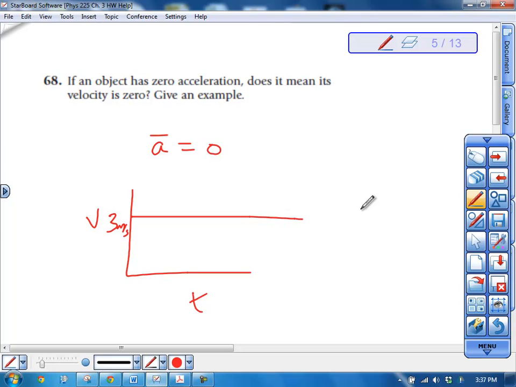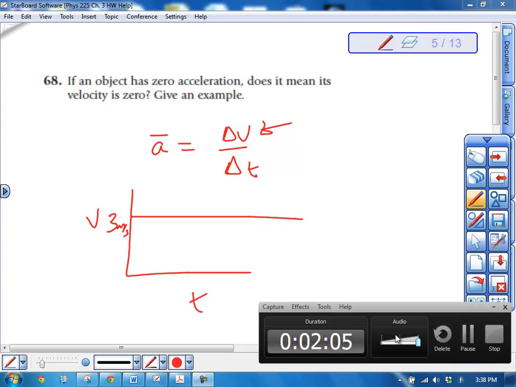So technically, if there's no change in velocity, then the acceleration is 0. Keep in mind that average acceleration is the change in velocity over change in time. So it's possible to have a change in velocity of nothing, like for example when we have constant motion, and that's 0 acceleration, but it doesn't have 0 velocity. An example would be this: something moving at 3 meters per second.